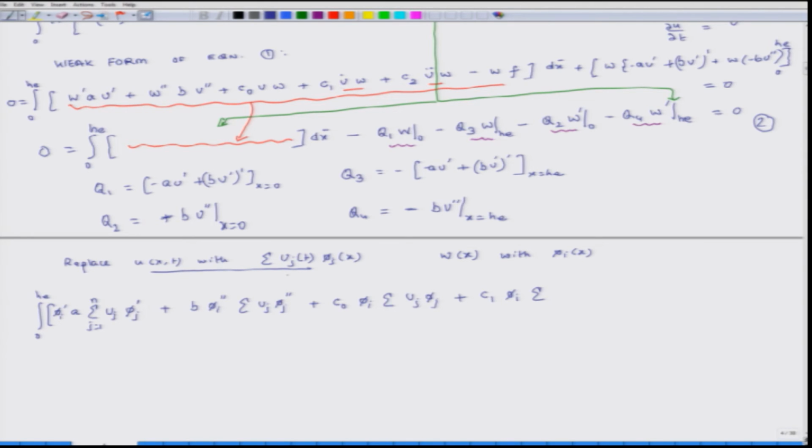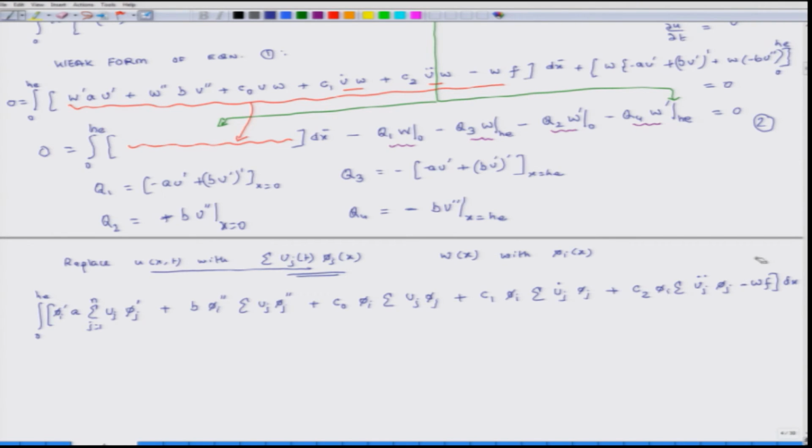So, when I differentiate this expression in time, I get derivative of u j. So, I get u j dot and then I get phi j, plus C2 phi I summation of, and once again the C2 term has second derivative of u in time. So, I get u j differentiated twice in time times phi j, minus w f dx.